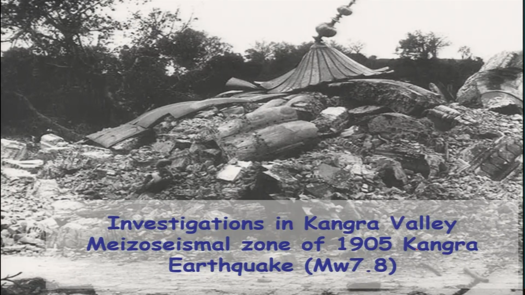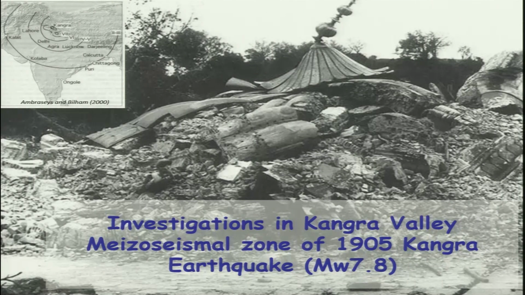And if you look at the magnitude, the magnitude was 7.8, and the intensity of this earthquake was felt far away in the northeast up to Calcutta and further up to Gujarat in the west, and further northwest in Pakistan also. So this was the epicentral area.